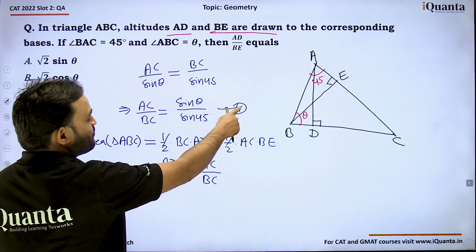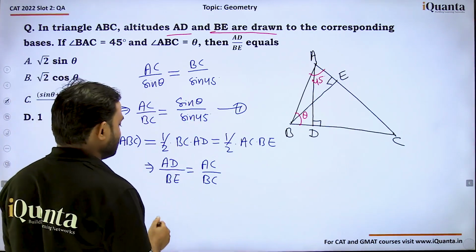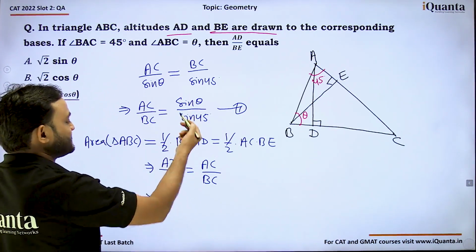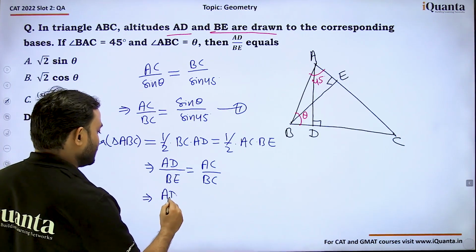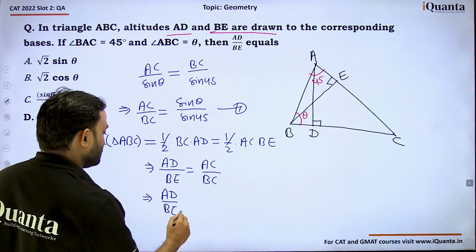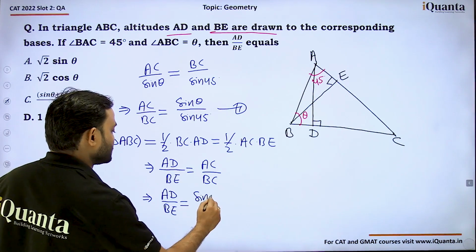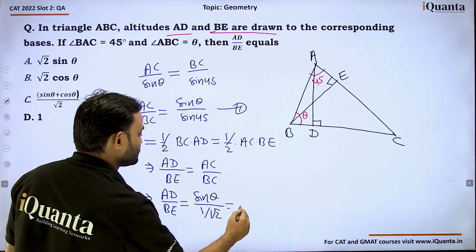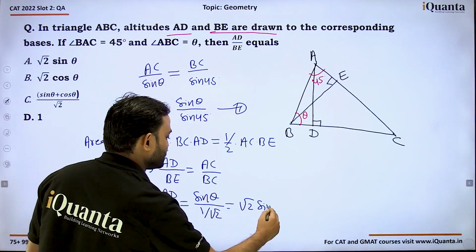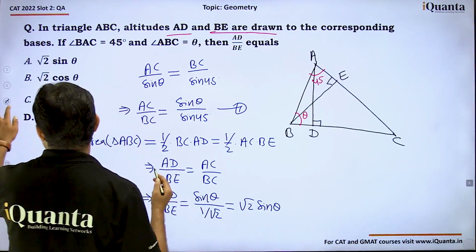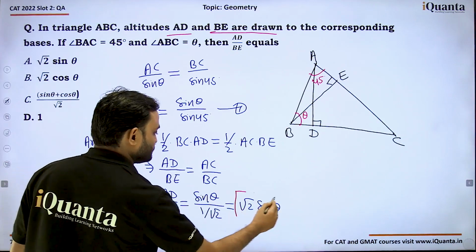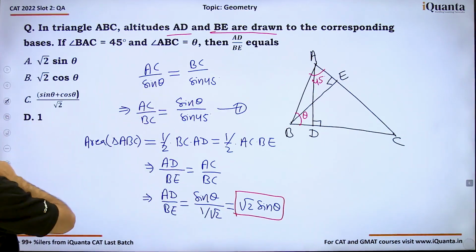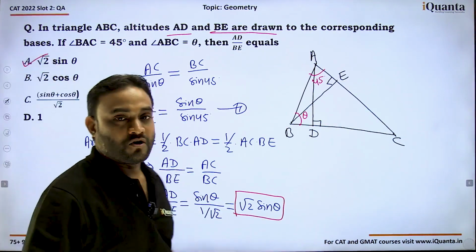And from equation 1, we know that AC upon BC is equal to sine theta upon sine 45 degree. So AD upon BE will be equal to sine theta upon sine 45 degree, which is 1 by root 2. So this will give us root 2 sine theta. So that's your answer, and answer is option A.